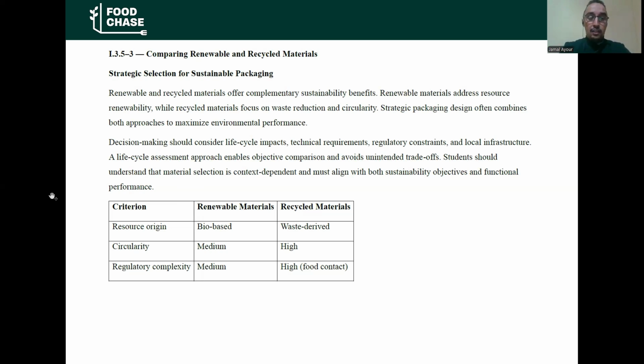In this table, we can see some examples of criteria such as resource origin, circularity, and regulatory complexity of the ingredients, regarding renewable materials and recycled materials with different quality for markets.